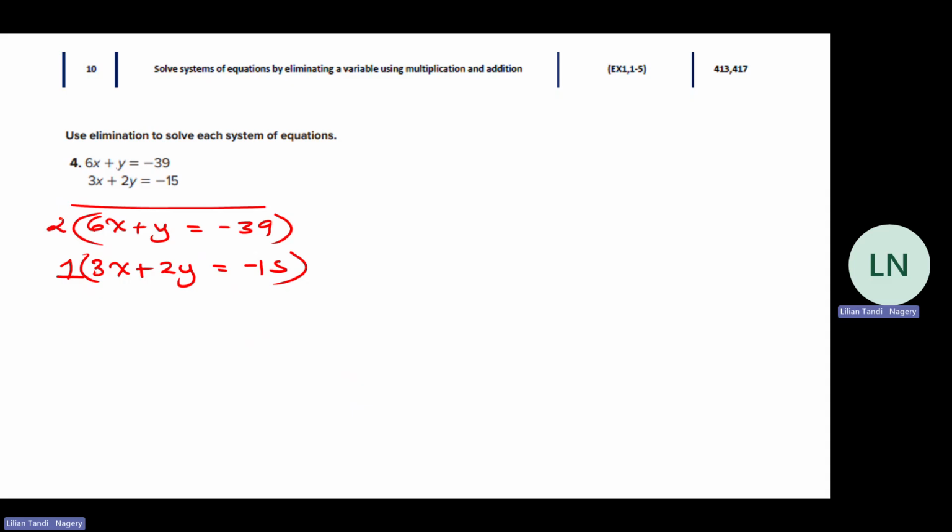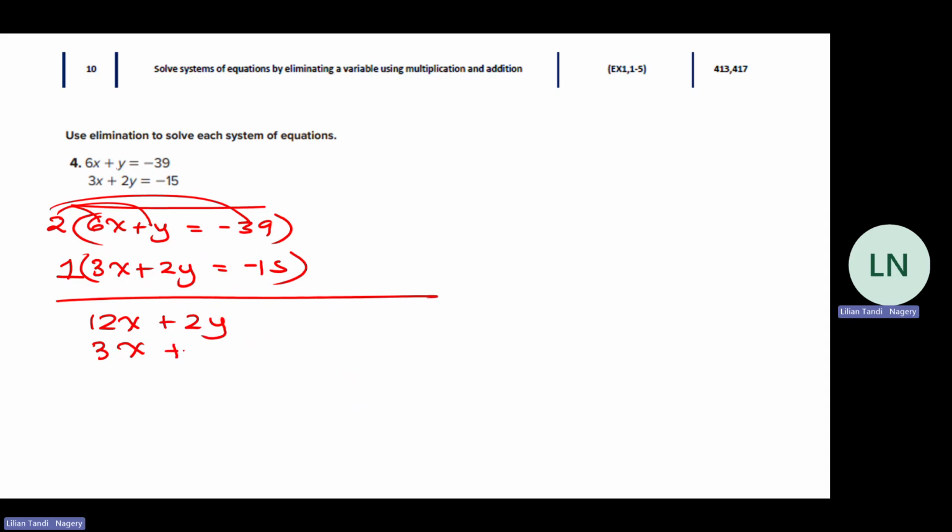I will put 2 here. I will do distributive property. So I will get 12x, 3x. I'll get positive 2y. What's 39 times 2? 78, but negative. And this one will remain negative 15.